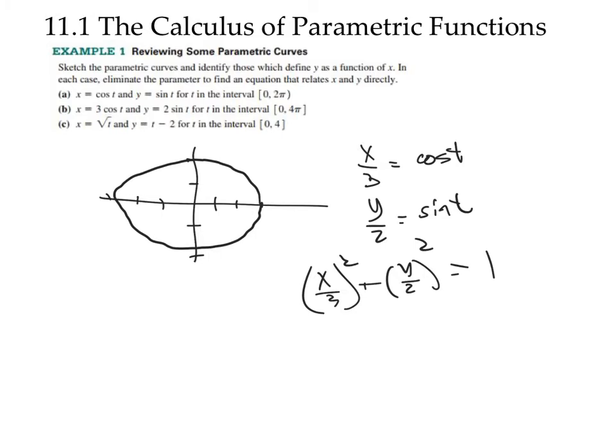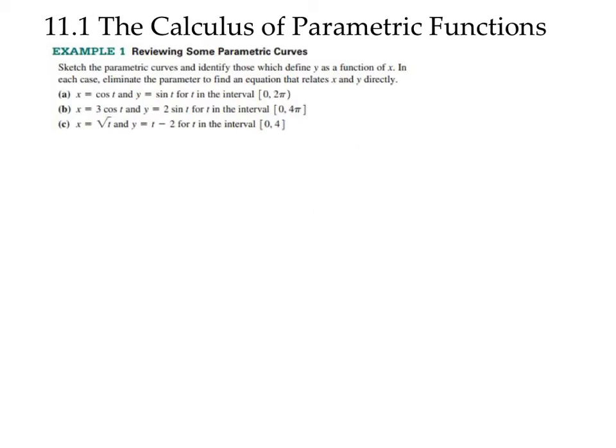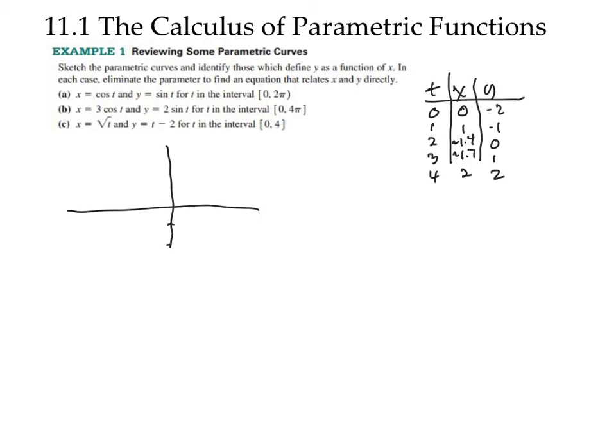The third one, I'm going to eliminate the parameter by squaring x. But remember, x is just the principal root of t, so x can only be positive. I'll make a little table first to help us figure this out. So you'll notice the first point is at (0, -2).